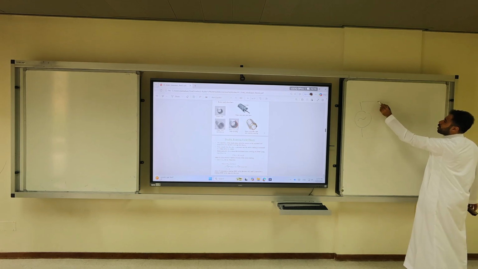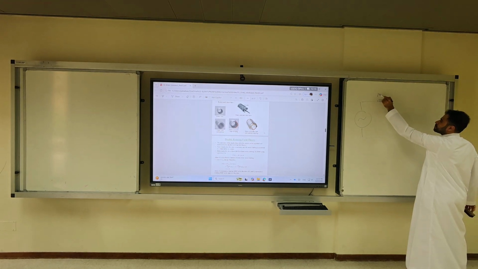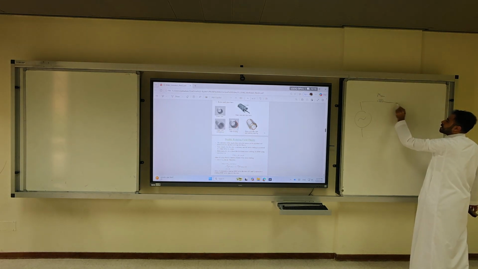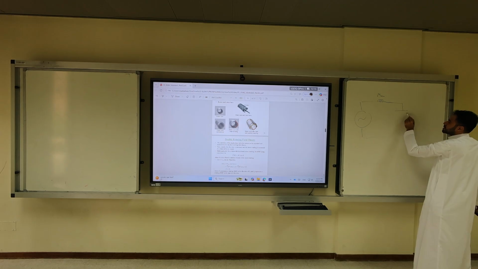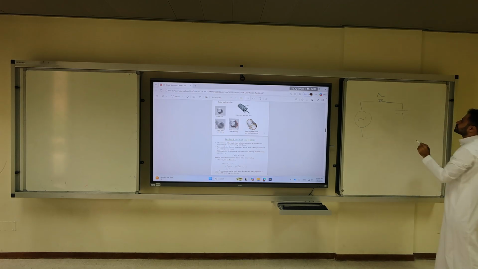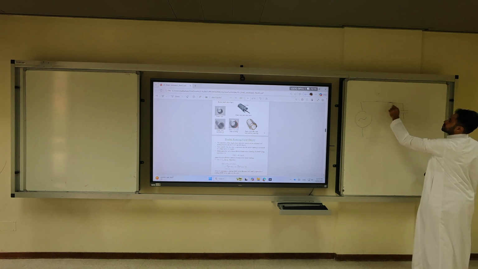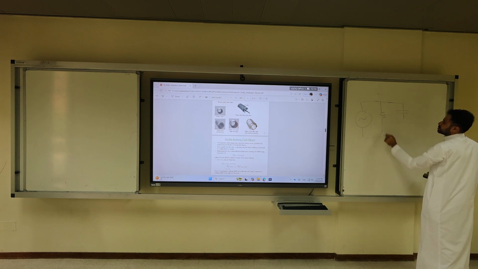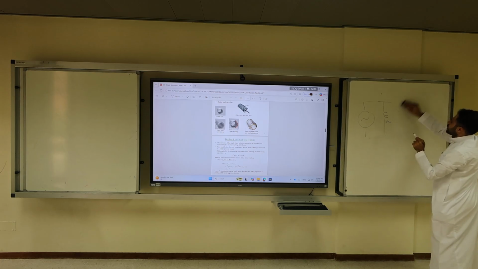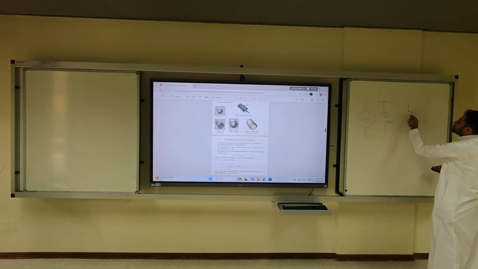Can I have some windings of the motor here, and I call them main, and I add another capacitor here? No. Main, and I have another auxiliary one here.